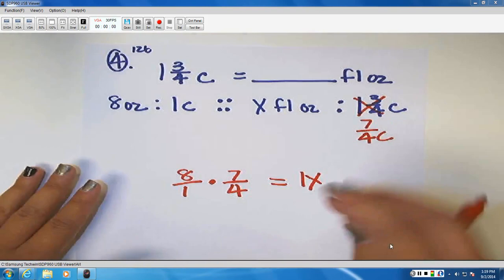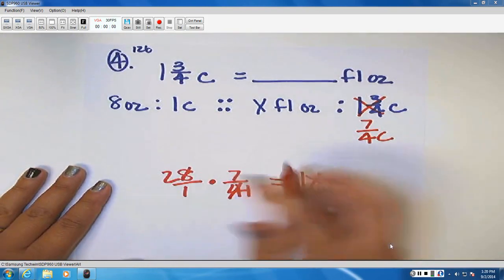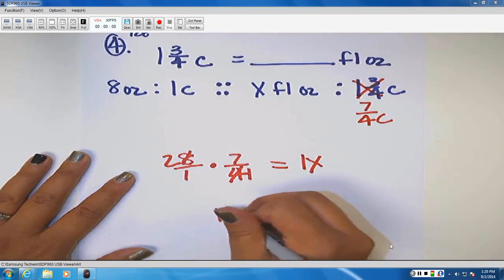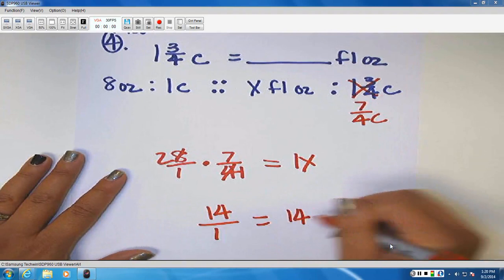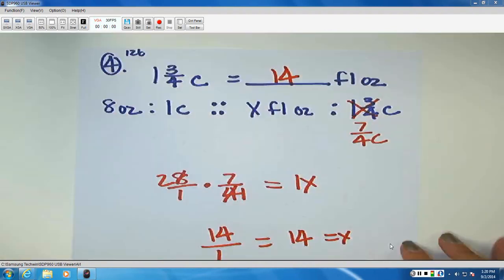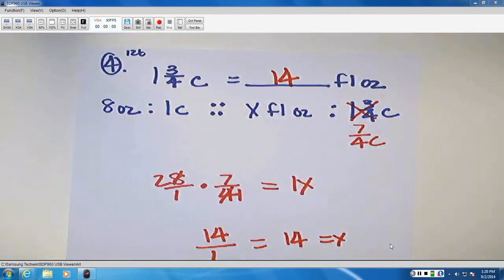So I know that I can reduce this. I know 4 will go into 8 2 times. Multiply straight across. 2 times 7 is 14 over 1, which is essentially just 14, equals x. So my answer is 1 3/4 cup equals 14 fluid ounces.